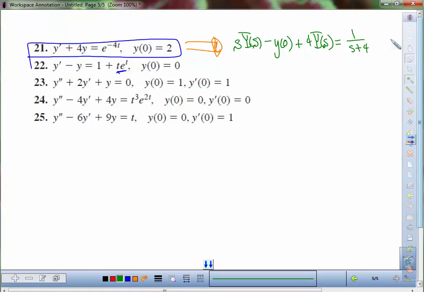Okay. So let's do some simple algebra. By the way, y of 0 is equal to 2. So let's take the s plus 4 out of the y of s's, and let's bring that negative 2 over to the other side.